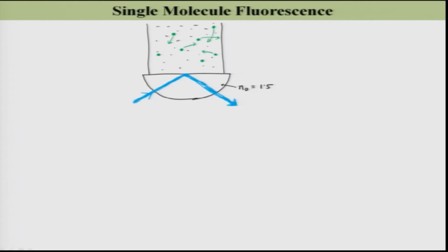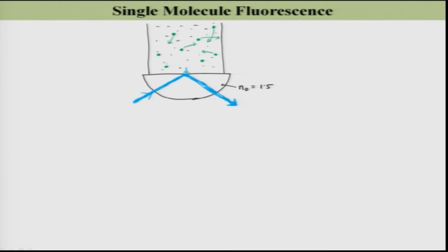And what you have is that you have created this evanescent field like this. Only when your fluorophores are present here will you see the fluorescence, because for this other part of your sample there is no one to excite.